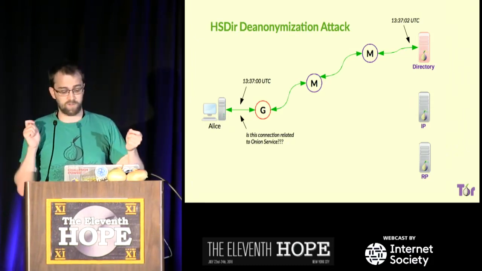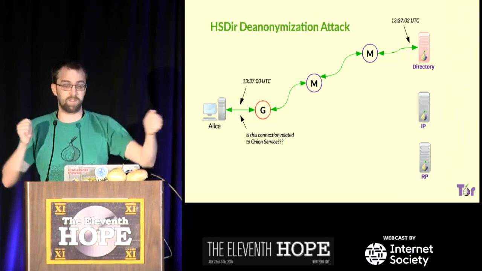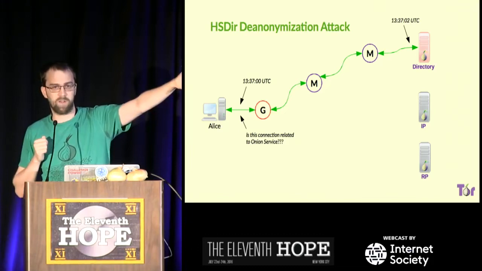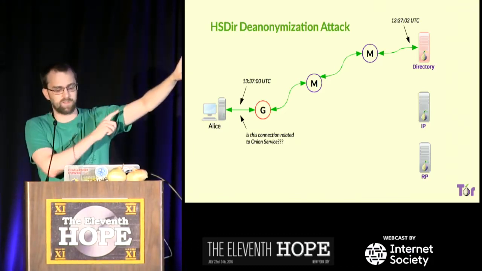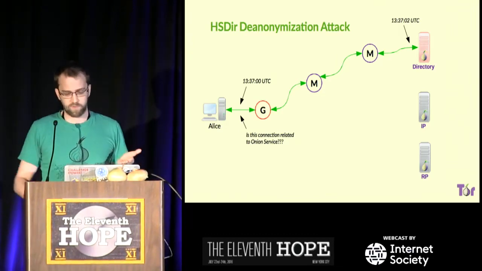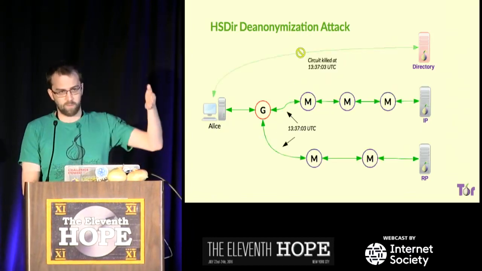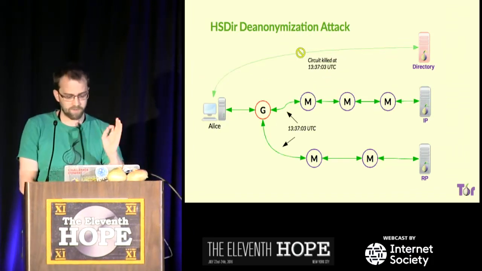But the point is, if you're a malicious guard and also a malicious HSDIR, this is how the attack goes. You want to correlate who is getting which onion address on the directory, and as a guard, you know which client on which circuit is getting this onion address. So use timings here. First circuit, you get the directory. 2 seconds later, 1 second later, the circuit is killed. So it's a very specific, distinct pattern here.